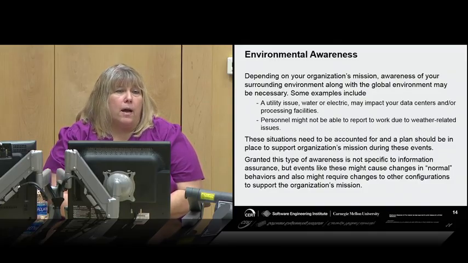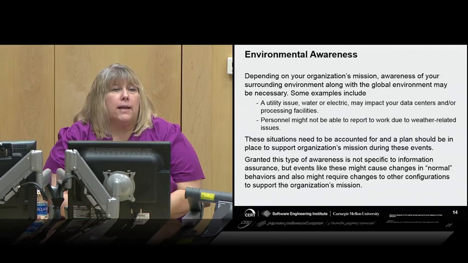Because that was not able to run, their server room was generating so much heat that it could have damaged the equipment, the servers, and the data on those servers. And so they had to shut down the servers, and they had to send the people home because they could not operate. So again, thinking about how all those different elements of the environment might impact you.